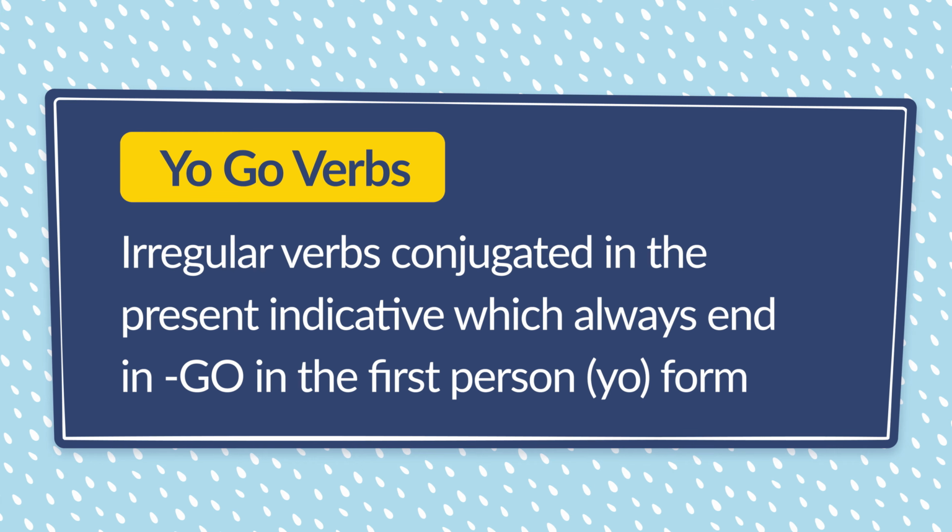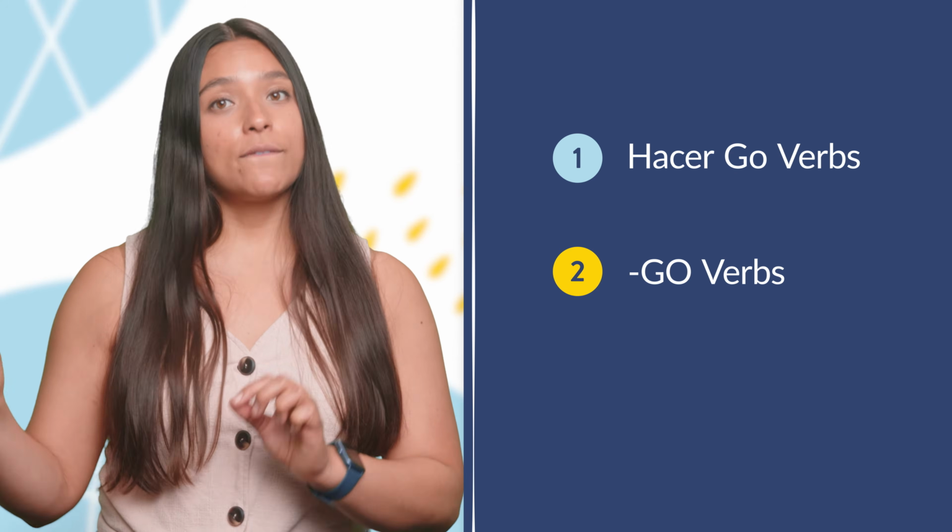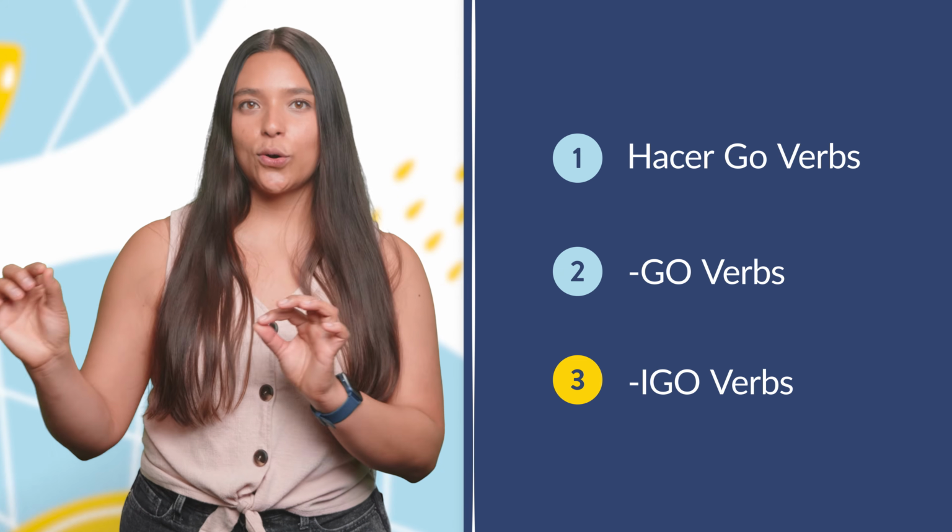Go verbs refers to a list of irregular verbs that when conjugated in the present indicative always end in go in the first person, yo, hence go. In this lesson, we're going to teach you the 3 different categories of go verbs: hacer go verbs, go verbs, and IGO verbs.